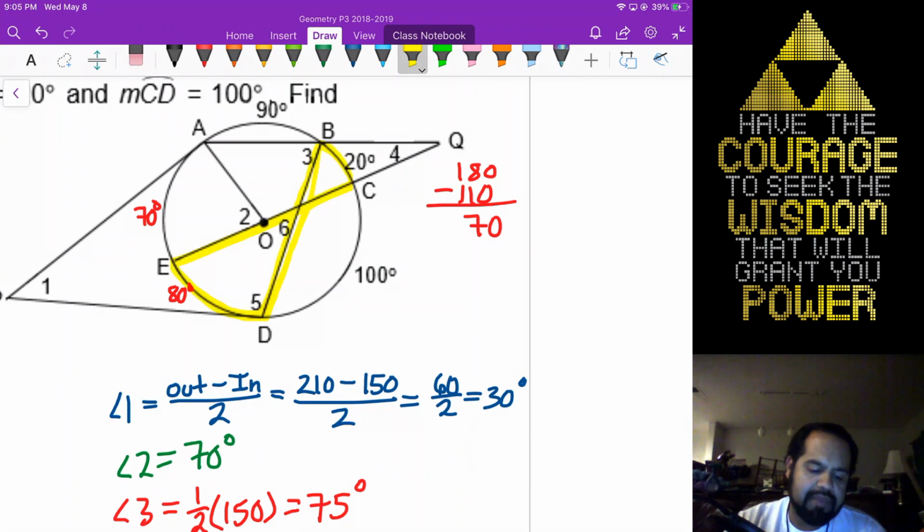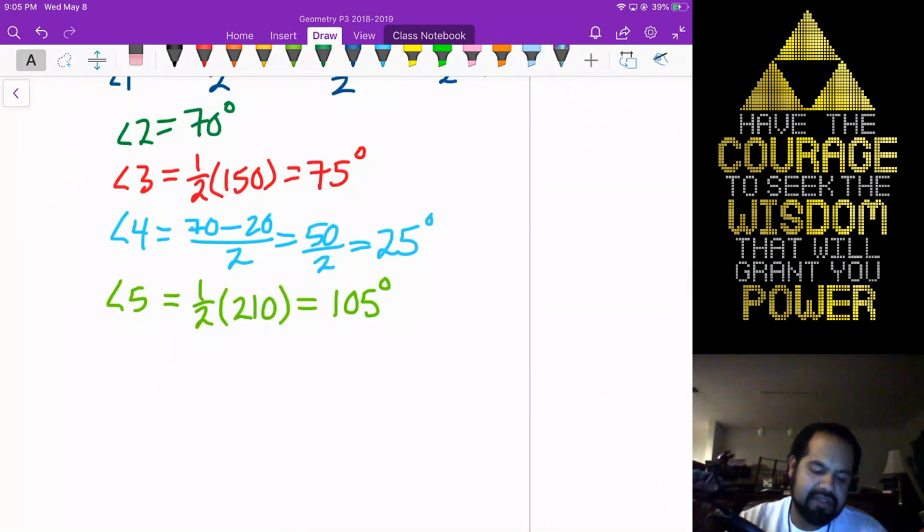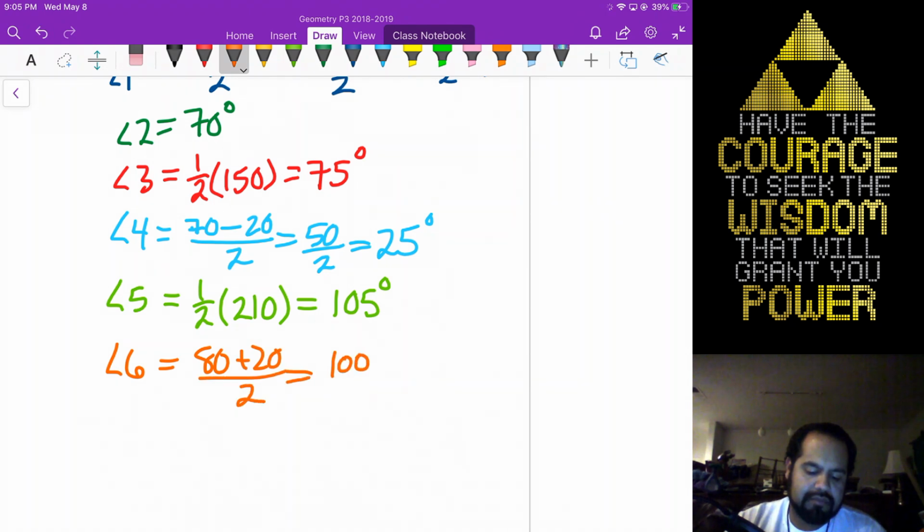So remember that with the bow tie, we're looking across the angle and behind the angle. So this is where we take the sum of those two arcs. So we're going to say 80 plus 20, and then divide it by 2.